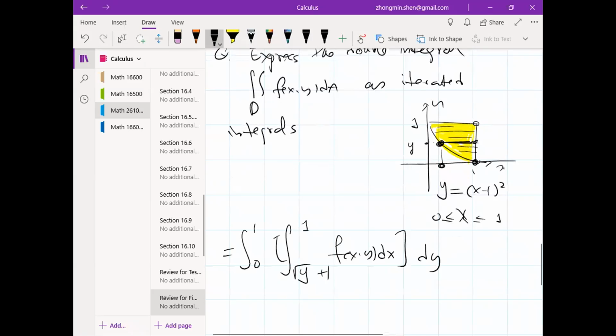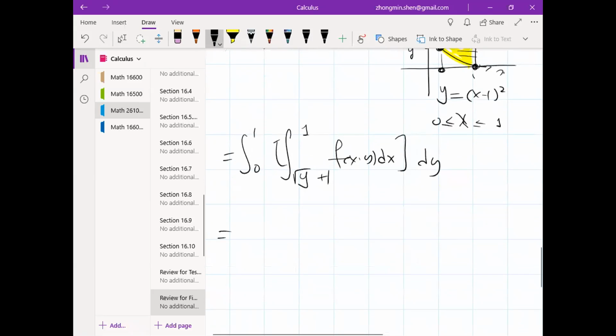Now, if you want to use vertical lines to integrate the double integral, then x will be between 0 and 1. For an arbitrary point x, what is the lower bound for the y?